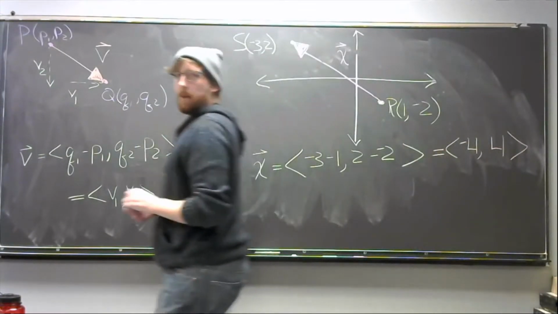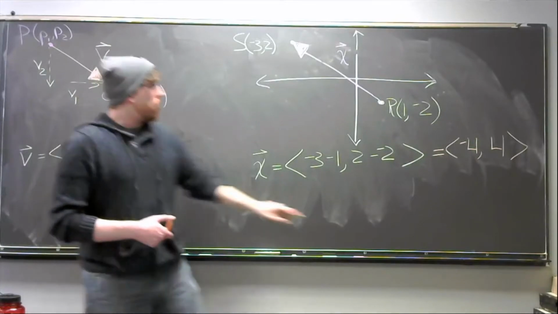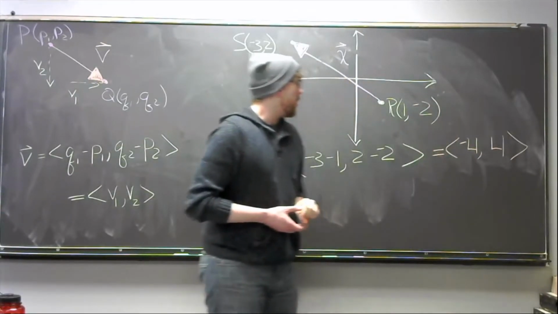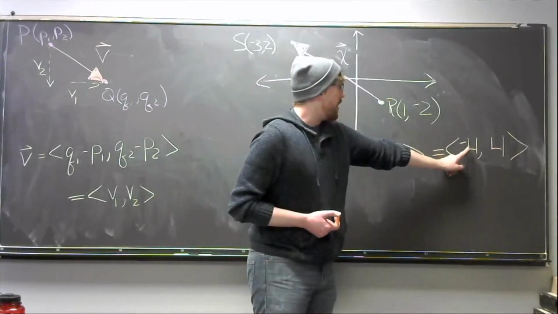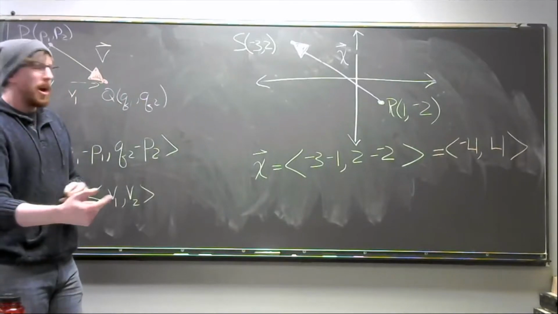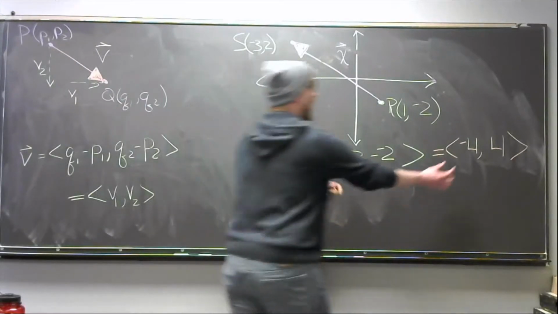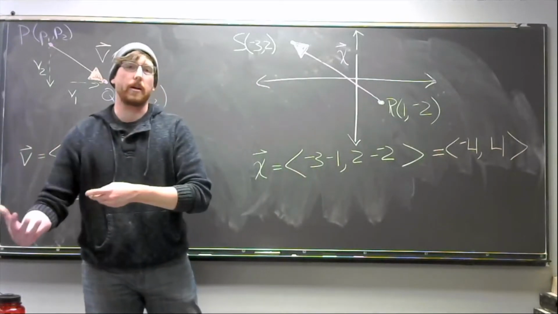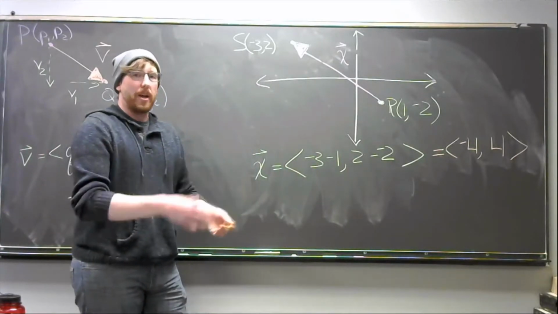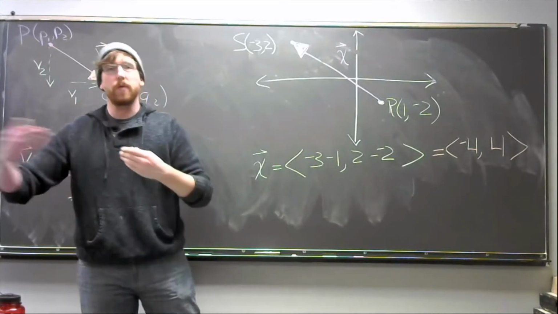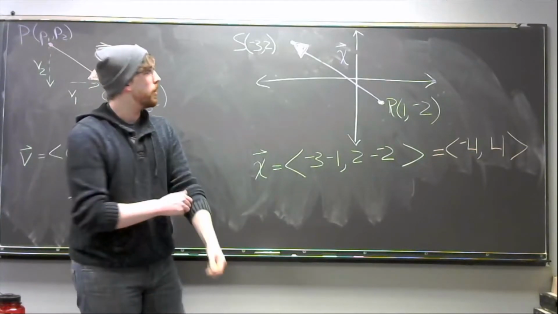Now look at what just happened. Our y component is positive, so it's facing up. And our x component is negative, so it's facing to the left. Notice also, I'm calling these the x component and the y component. Why is that? Because that's what it's describing. It's quite literally saying you move so many places in the x direction and so many places in the y direction.